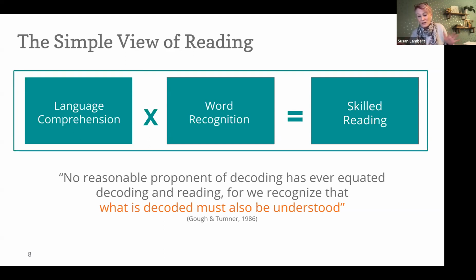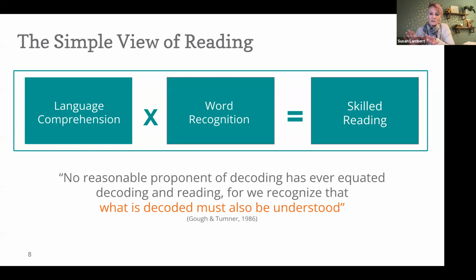Now, science of reading proponents get a bad rap sometimes because people say, oh, you science of reading people, all you care about is phonics, which we are going to talk about today, but that's not the only thing we care about. Just like Gough and Tunmer, who actually created this framework, said, nobody actually believes that decoding equals reading, because to lift the words off the page, or to decode them, you actually have to understand what the word means if you're going to get to skilled reading or reading comprehension.